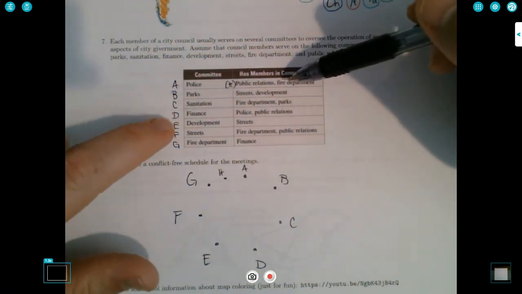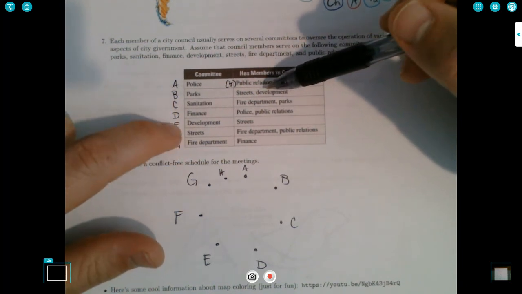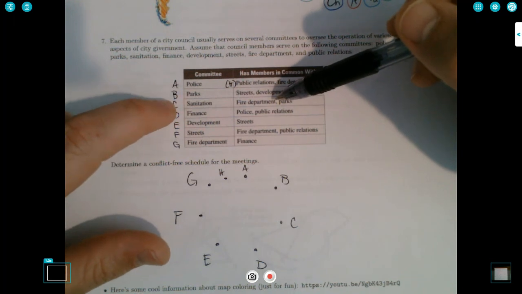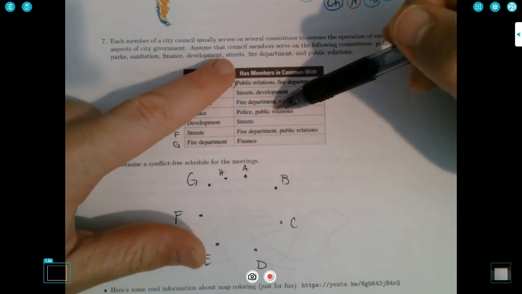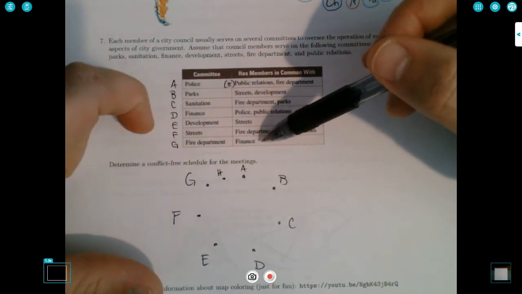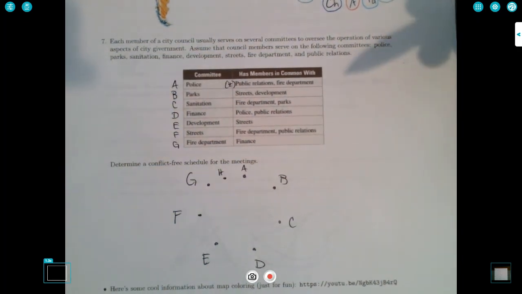Public relations, fire department, streets, development, fire department, parks, police, public relations, streets, fire department, public relations, and finance. Okay, the rest of them are all on there.